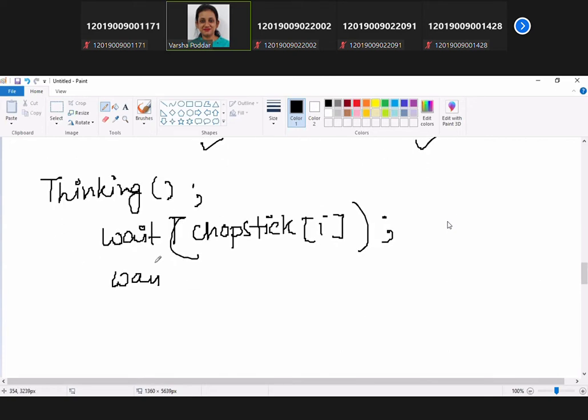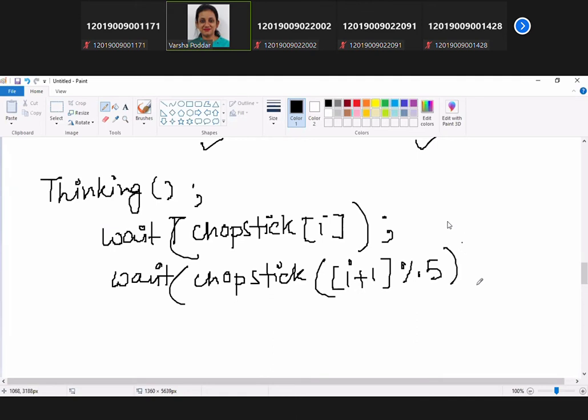Next, you will wait for the next chopstick that is around you. What is that? (i plus 1) mod 5, and then only you can start eating. After that, you will release them.